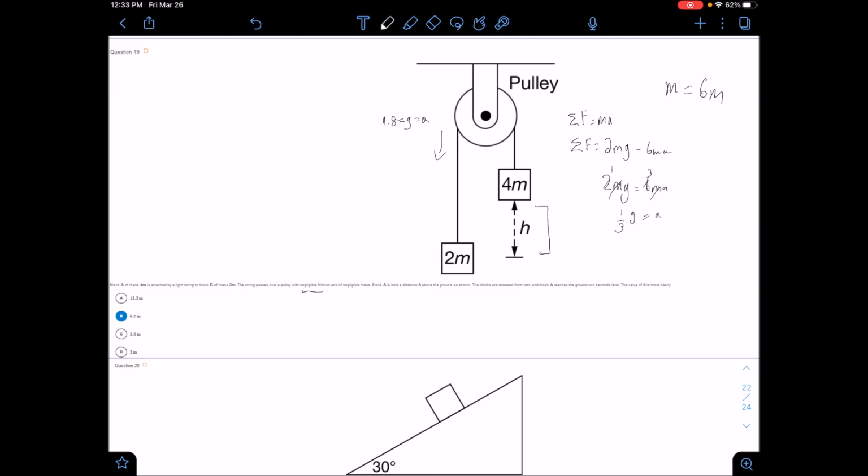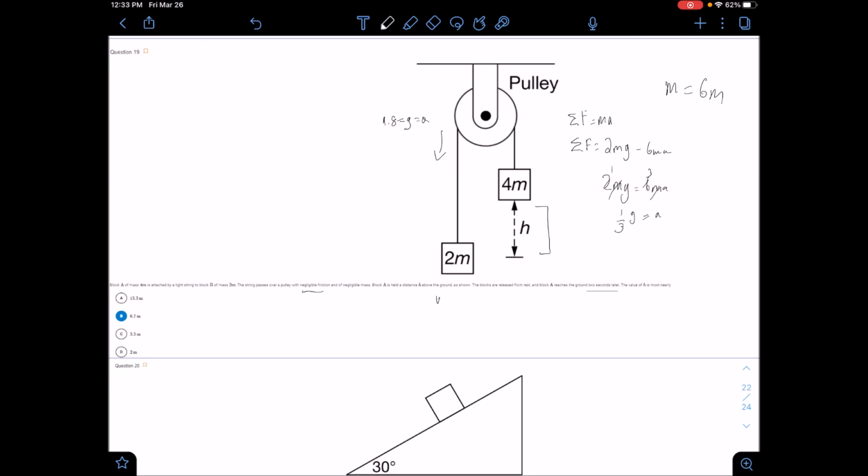Okay. So now that we know what the acceleration is, we know what the mass is, we know what the time is. The time is 2 seconds later. Let's take a look at our knowns.